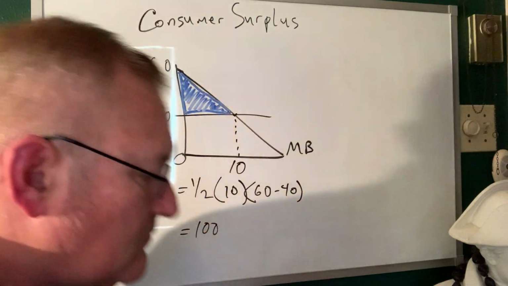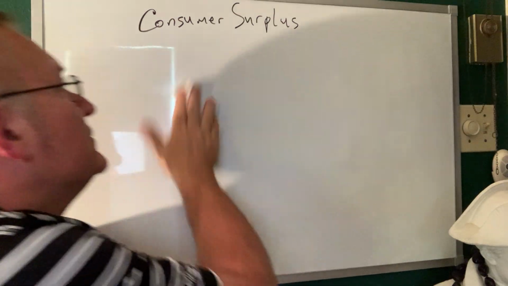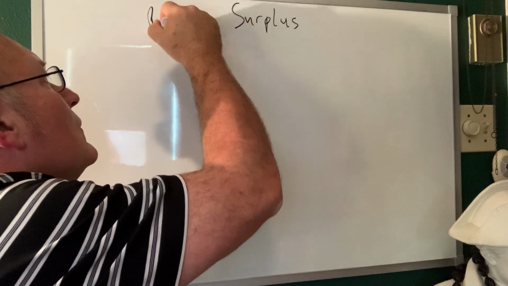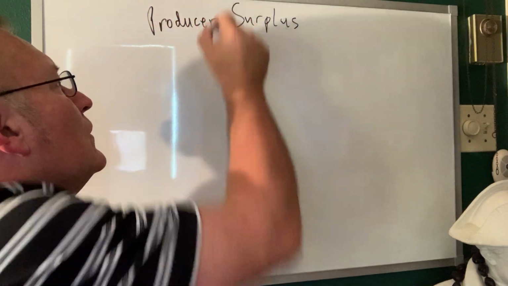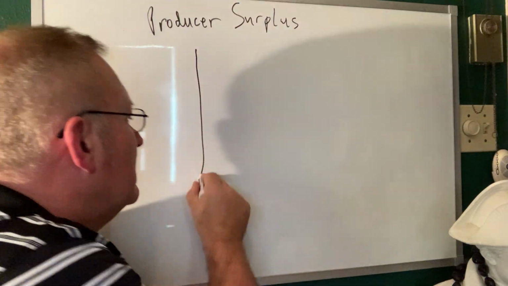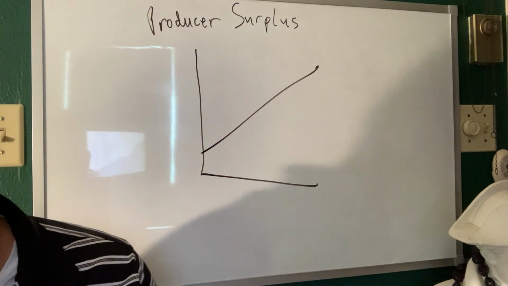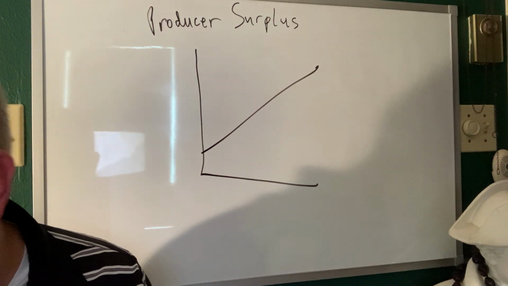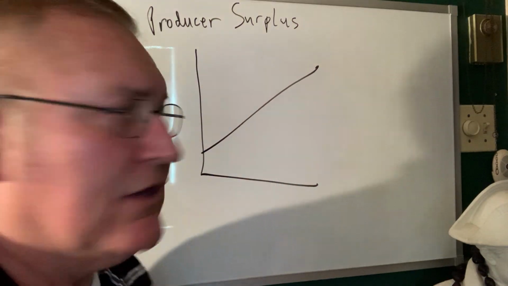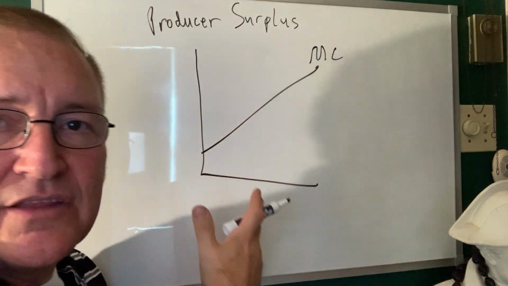Likewise, there's producer surplus. And producer surplus is exactly what it sounds like. It's the difference between what the seller actually gets and the minimum that a seller is willing to accept, which is pretty easy to figure out, because all you have to do is look at where the marginal cost curve intersects that axis.